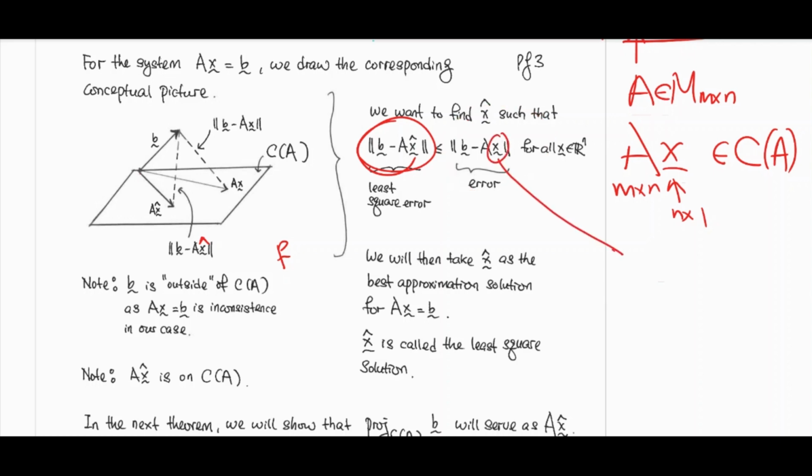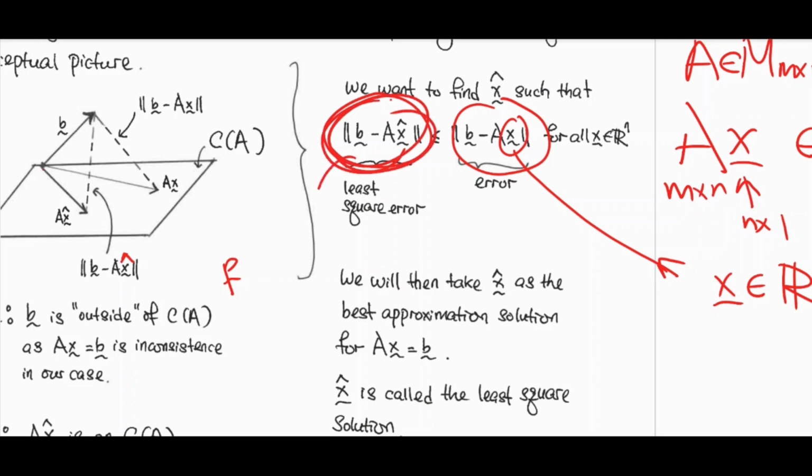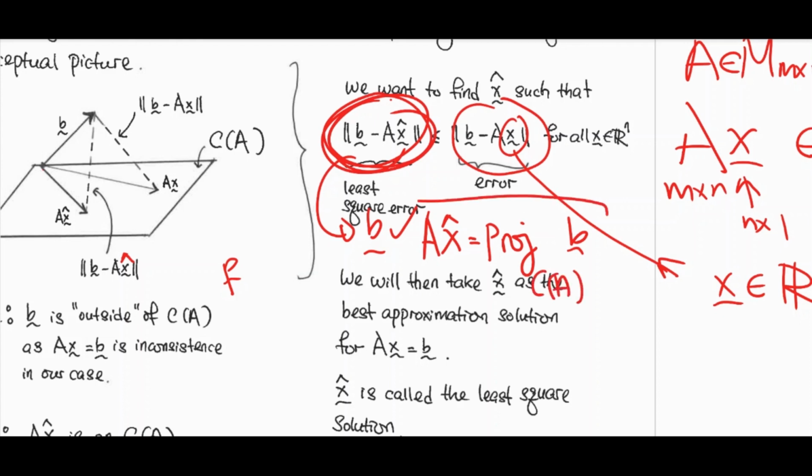You pick any x that is in Rn, then you can compute this and compare to this. This one right here, remember what x hat is. This is a fixed quantity, nothing changed here. We know what b is. This is given. We know x hat is the projection. Ax hat is the projection of our b onto the column space of A. So this is again a fixed quantity.